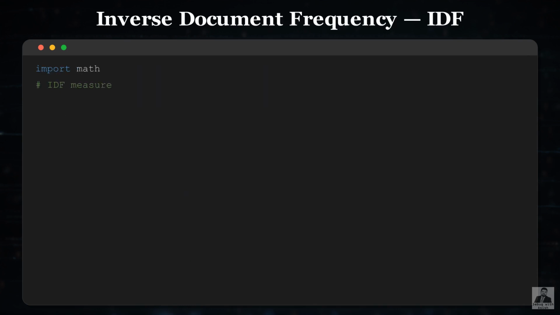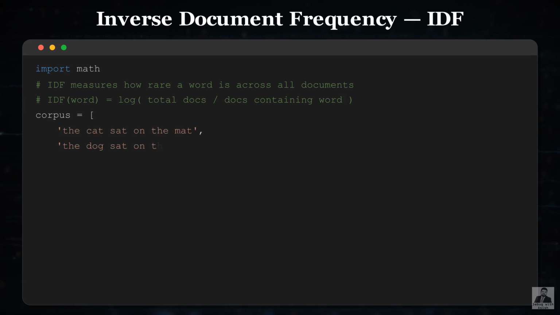Inverse document frequency measures how rare a word is across all documents in the corpus. The formula is the logarithm of the total number of documents divided by the number of documents that contain the word. The logarithm dampens the effect of very large numbers. A word that appears in every single document gets an IDF close to 0, meaning it carries almost no discriminating value.